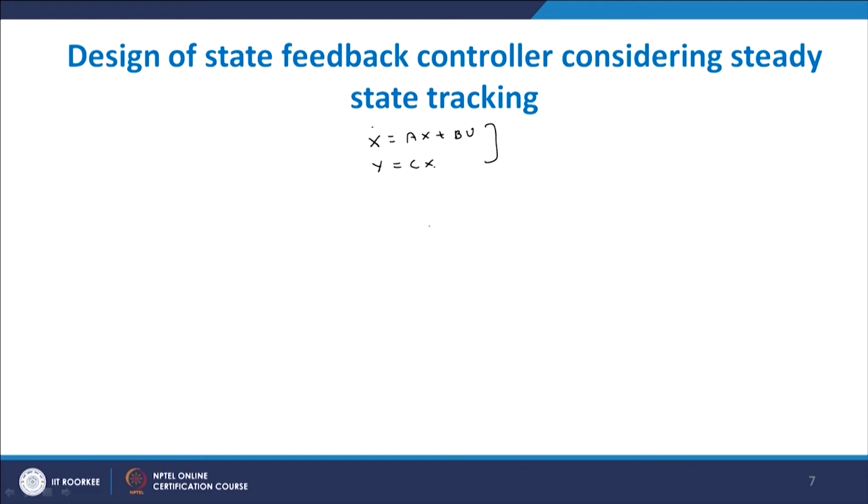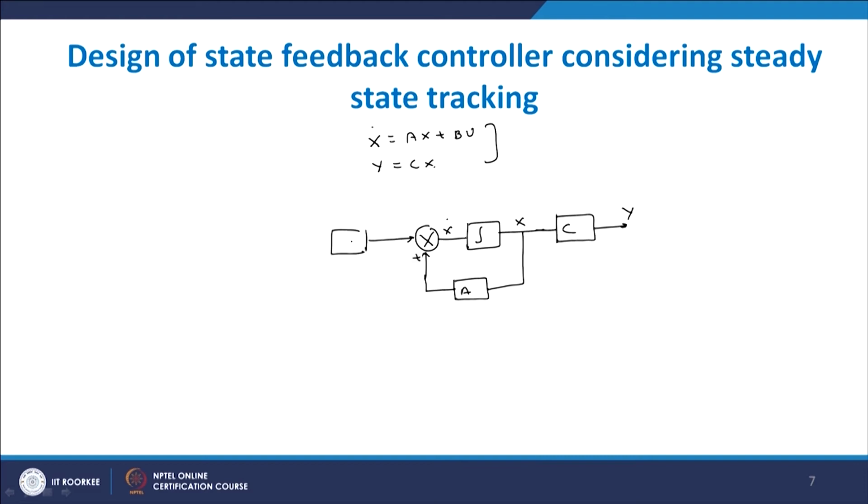We have a summing block and one integrator, then we have the output C, here is y, and here is the state x, because of the integrator it is x dot. Now, this x dot equals Ax, and here is B, and here is U.